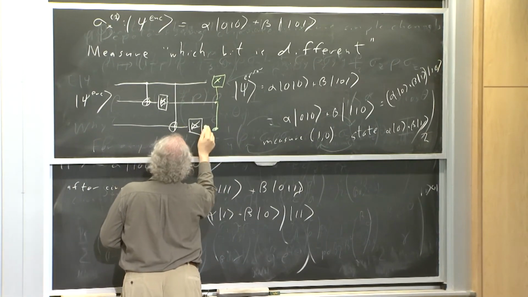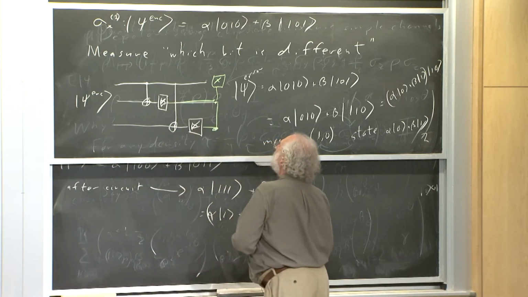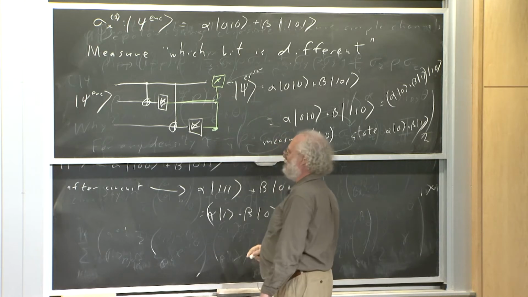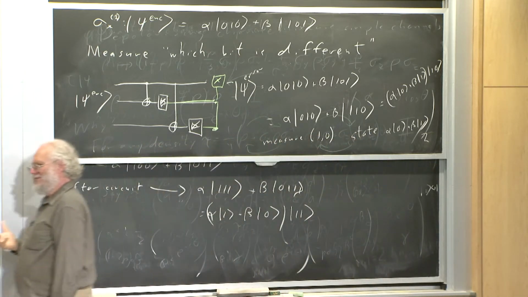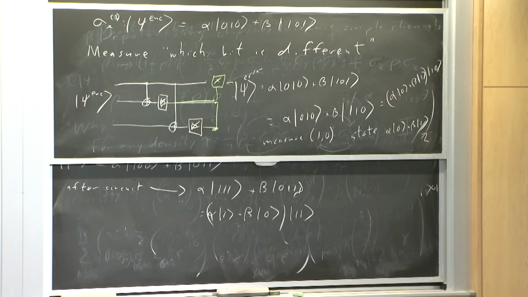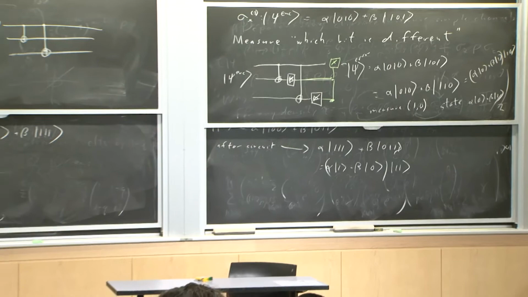And maybe I should draw classical stuff in green. So that's how you decode the qubit code.